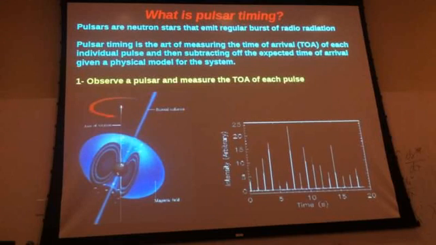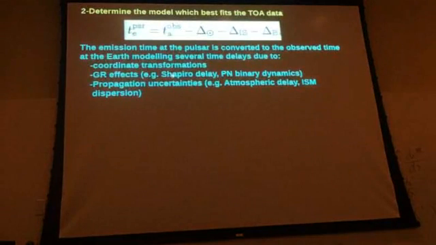Okay, so what you do when you time a millisecond pulsar is you take the time of arrival of your pulsar, and then you try to apply a model to the time of arrival that describes the pulse from when it left the pulsar to your observation.